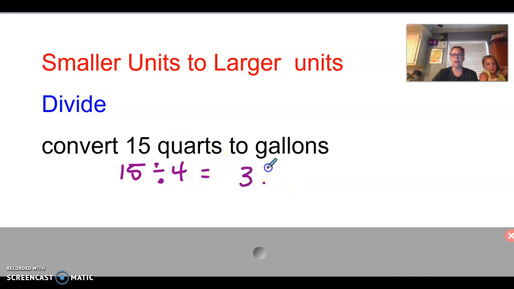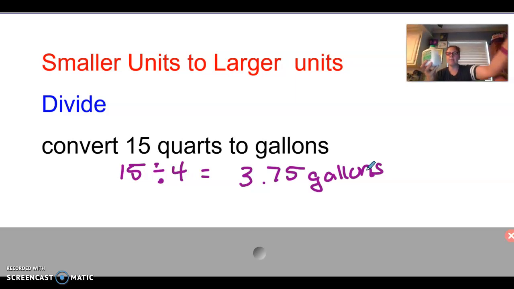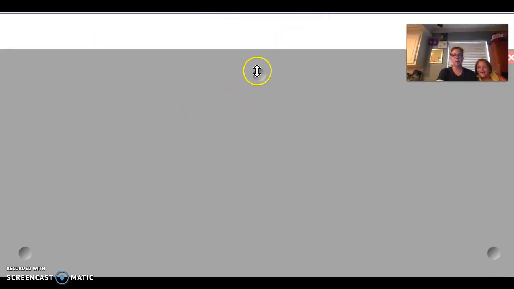So 3.75 gallons. So if you took 15 of these, it would fill up 3, and then it would come up here to the 3/4. Okay? 3/4 of that. So it wouldn't quite give you 4.